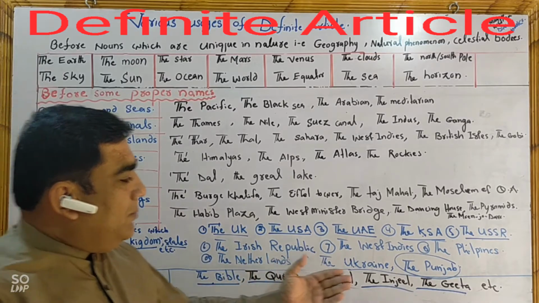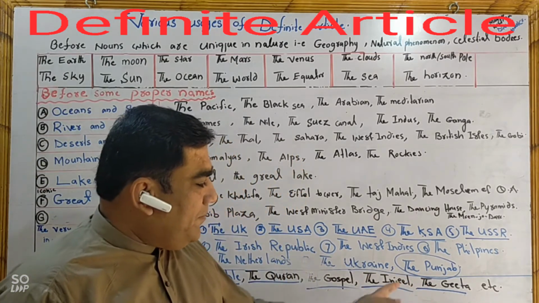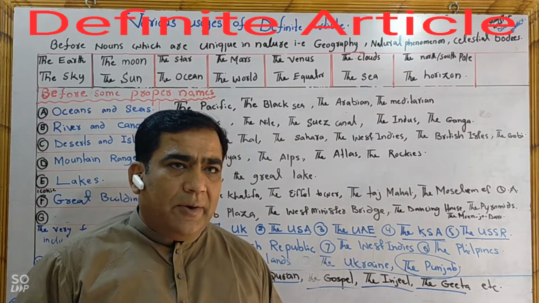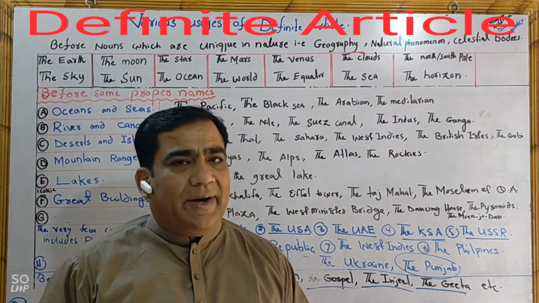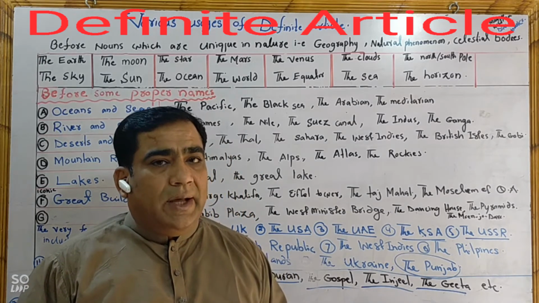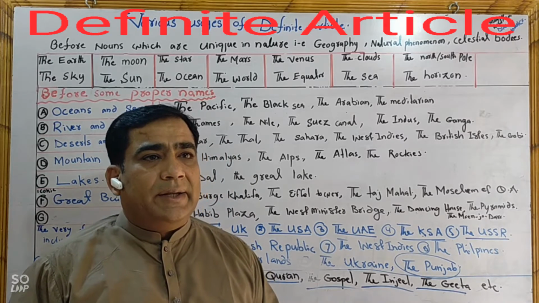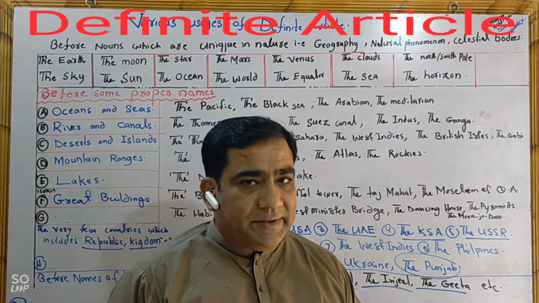So Punjab, as I am repeating, in international books will not be found with the definite article. But in our local books, it is defined as a place of unique purpose, which has 5 rivers.